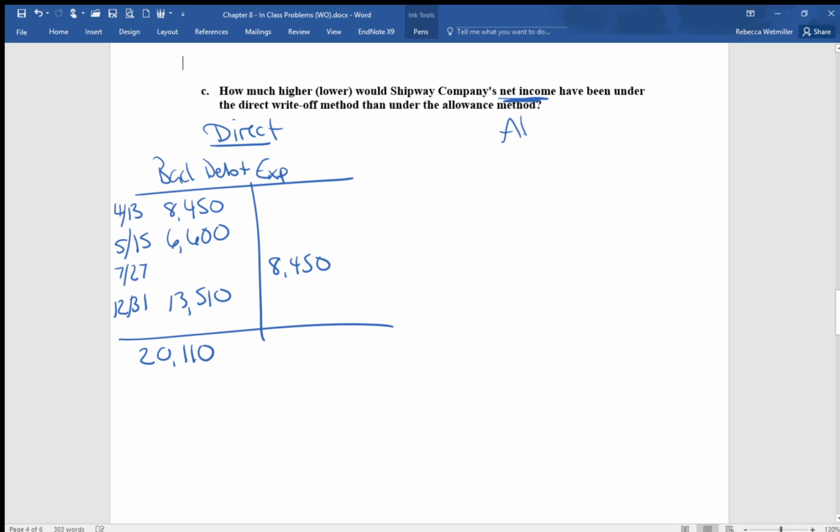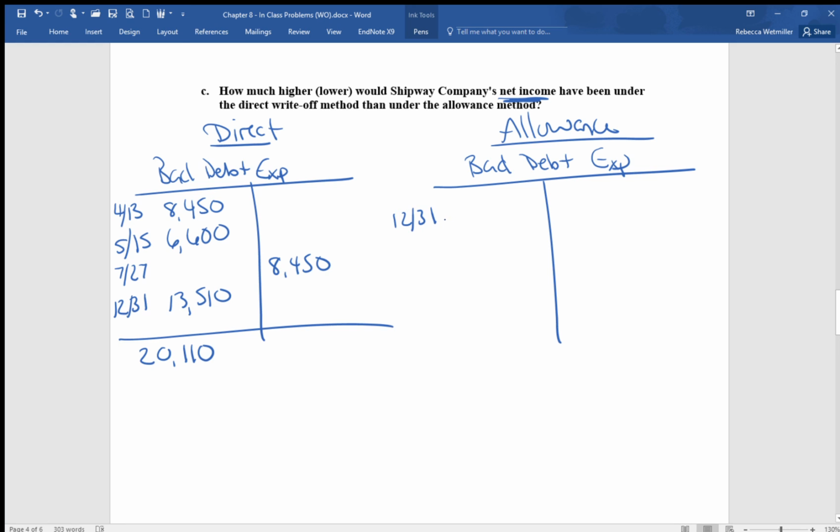And then if we look at our allowance method, if we look at our bad debt expense T-chart, we'll see that we only recorded on 12/31 a balance of 28,335.